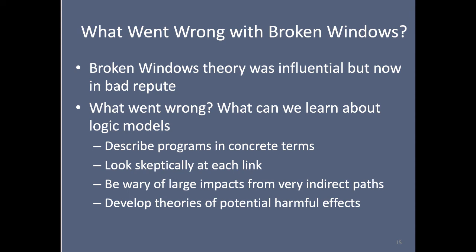Was the theory wrong? Was it something else? Was it other things? So we spent a bit of time on that, and interestingly enough, I think that we have some takeaway lessons about logic models from looking at that. So first of all, as some of you may know, broken windows became associated with things like stop and frisk.